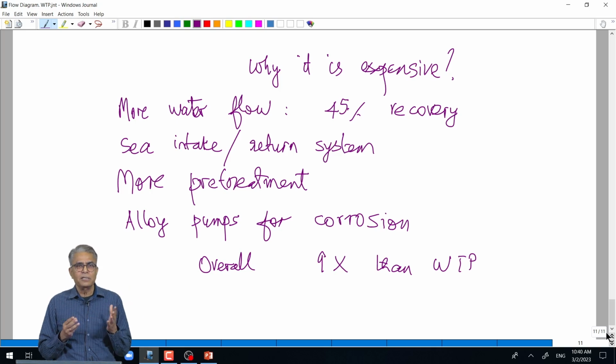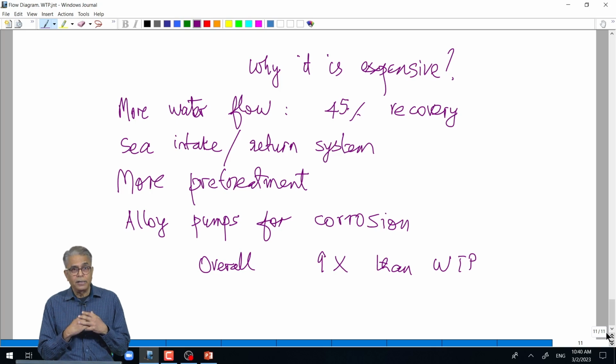Secondly, river water is nice and clean, and most of the time carbon steel or cast iron, simple materials of construction, work. Seawater is quite corrosive, so very expensive materials of construction are required, which increases the cost sharply. So there are two factors for cost increase.